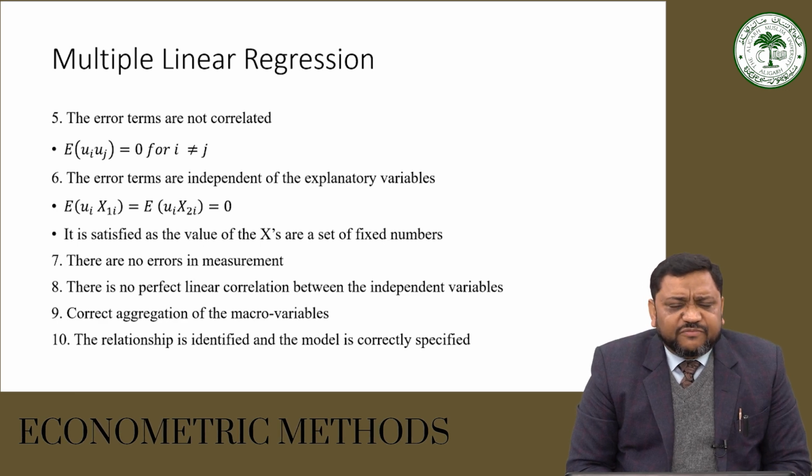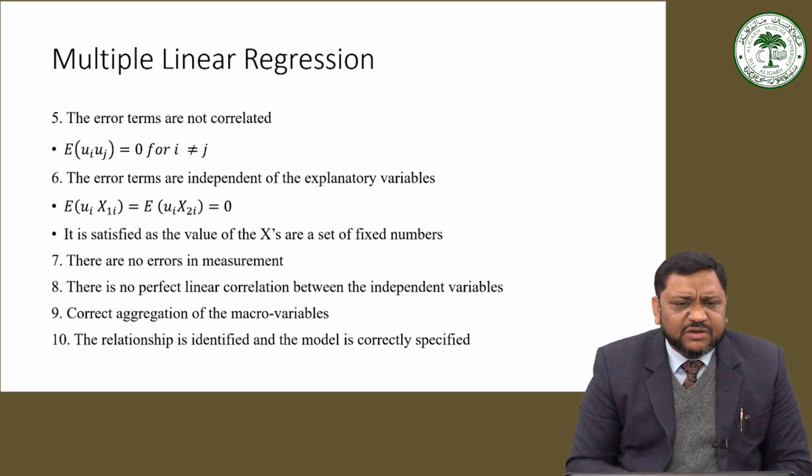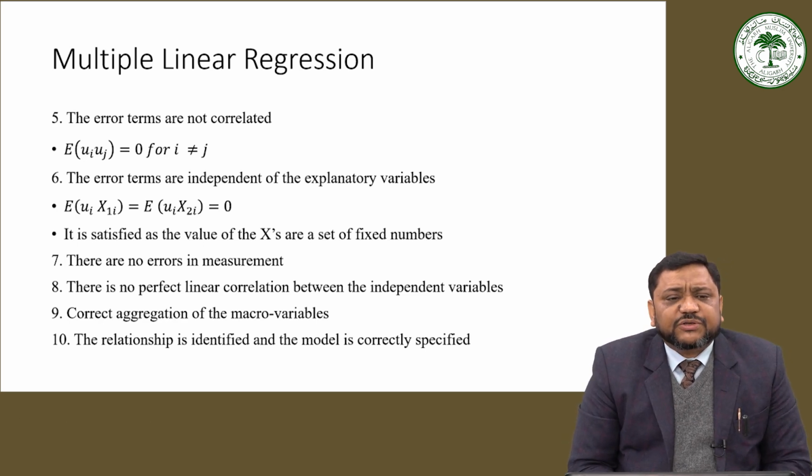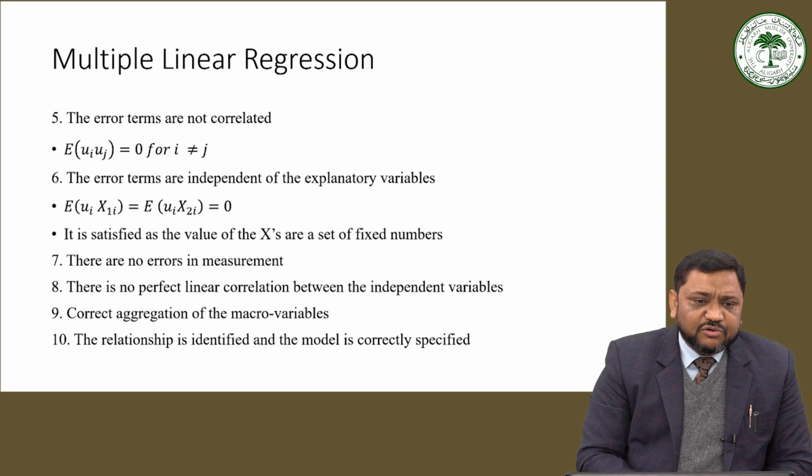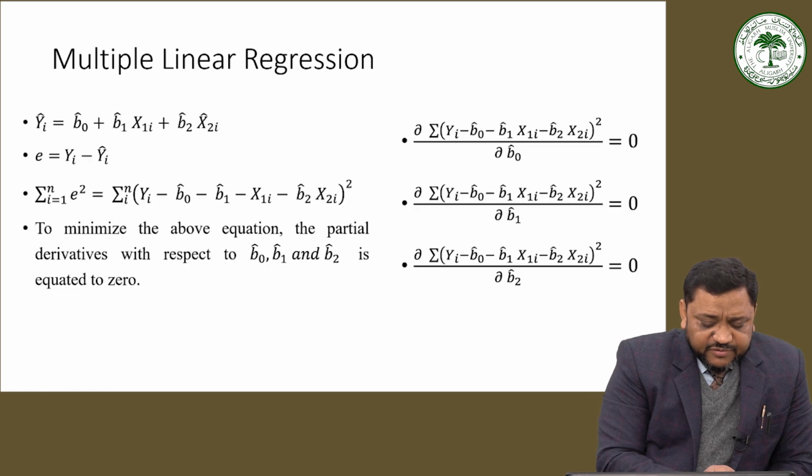It is because the values of x are fixed, as we have seen earlier in our example of income and consumption expenditure. There are no errors in measurement. This assumption was also there in your simple linear regression.